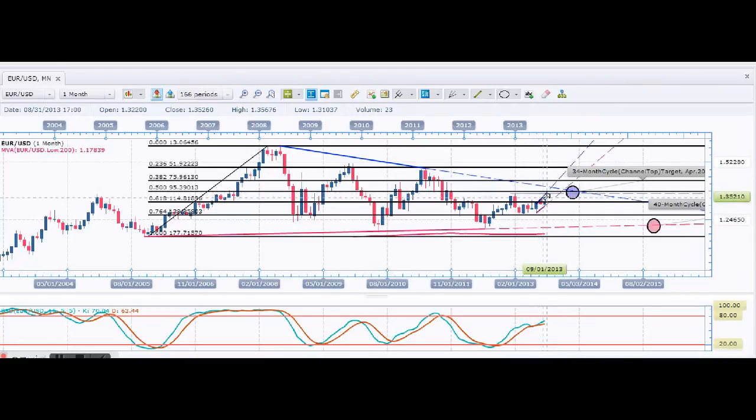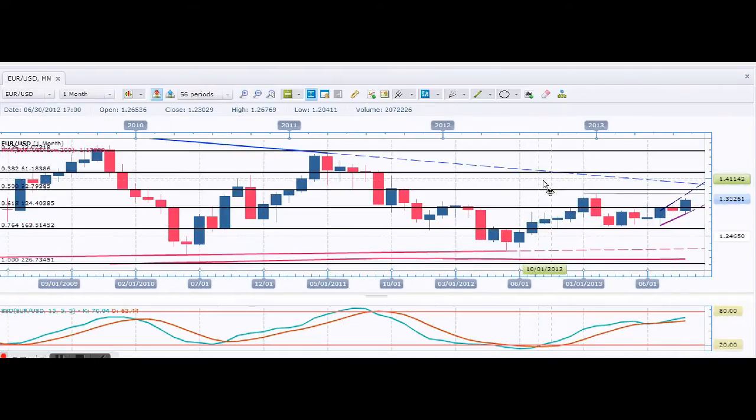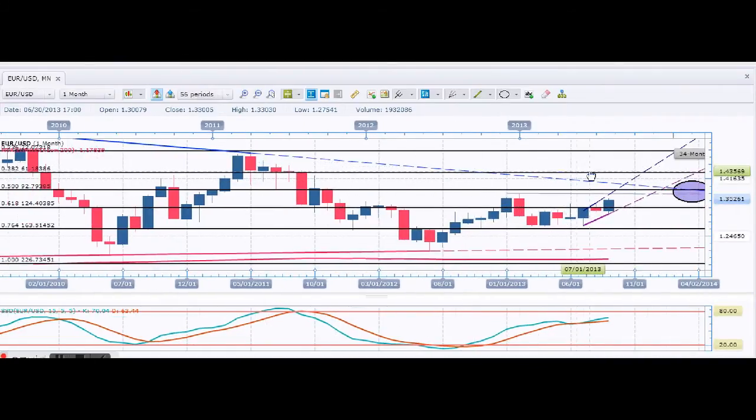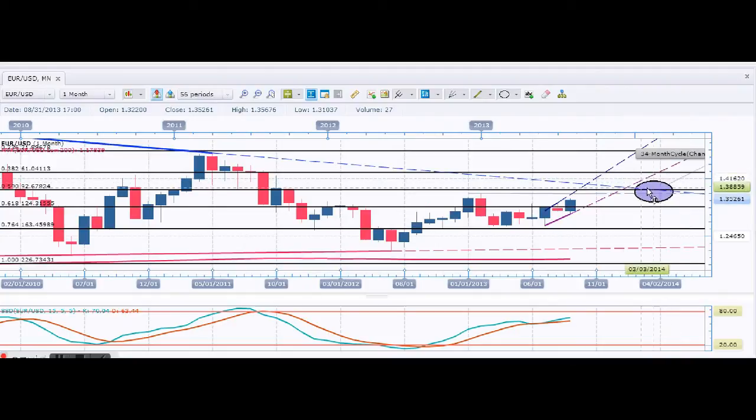So we are potentially going to have a bit of a decision to make at this point, whether the price is going to reverse either in the short term or in a more decisive unwinding of euro buyers' investments, or whether it's going to continue up until this descending line meets the price action here.